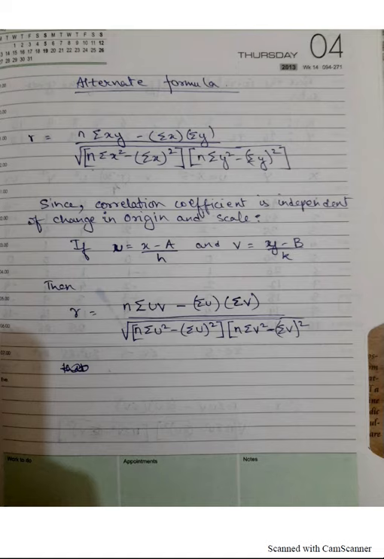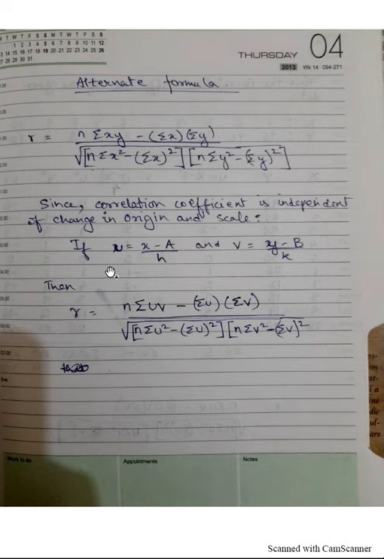I repeat again, given the change in origin and scale of x and y to u and v, the correlation coefficient between x and y will be equal to the correlation coefficient of u and v.